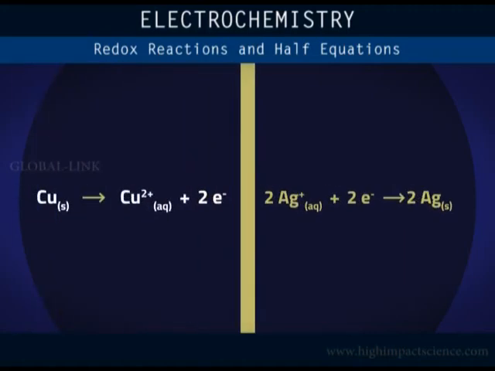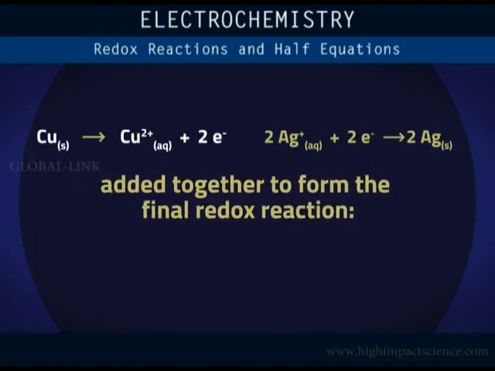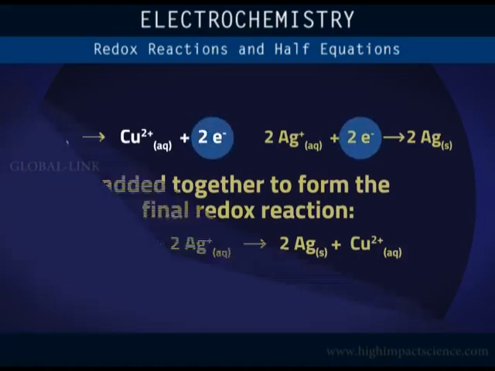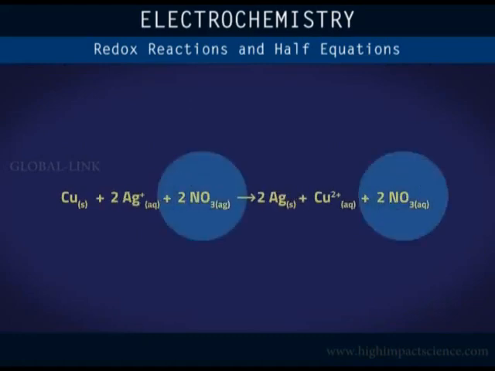When the 2 equations are added together to form a final redox reaction, you can see that everything, including the number of electrons, is balanced. The electrons are equal on both sides of the equation and are therefore omitted. How about the nitrate ions in the original equation?